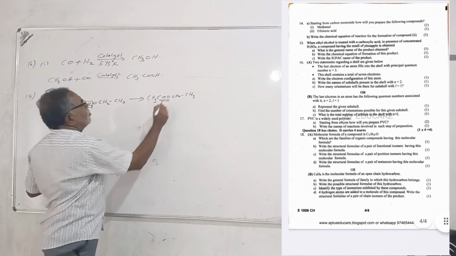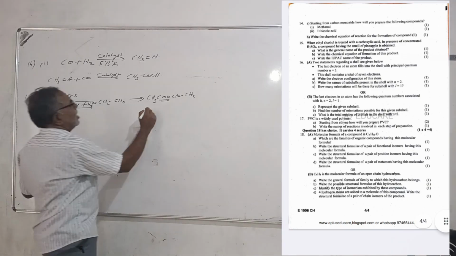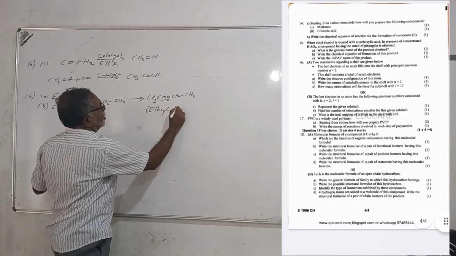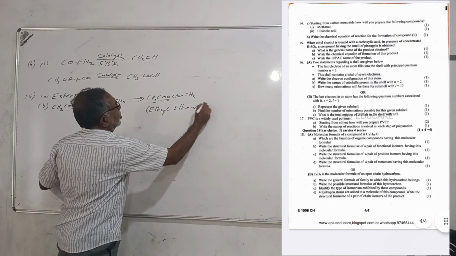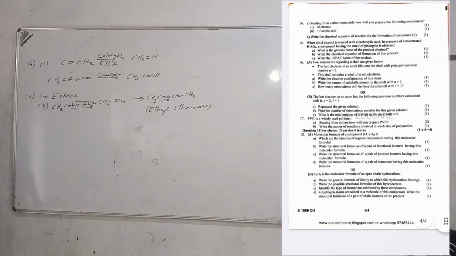This is the ester group, COO. So the name of this compound is ethyl ethanoate. The COO group is the ester group. So when an acid and alcohol react, you get esters.